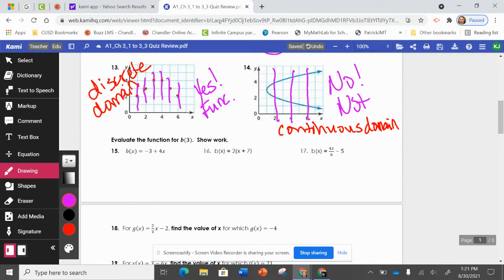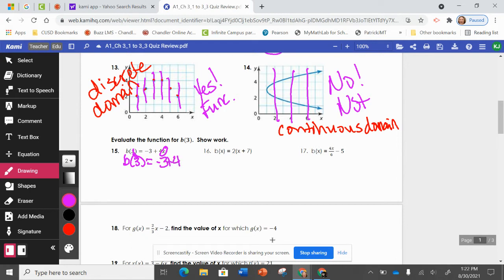All right, for number 15 through 17, it's asking us to replace b with the value of 3 and find what the function is equal to. So b of 3, if this x changes to 3, that x has to change to 3 as well.